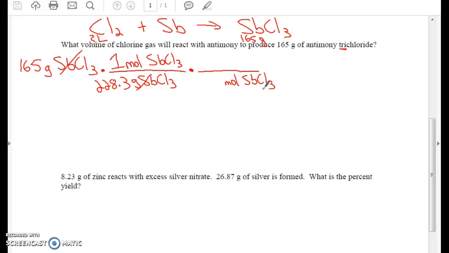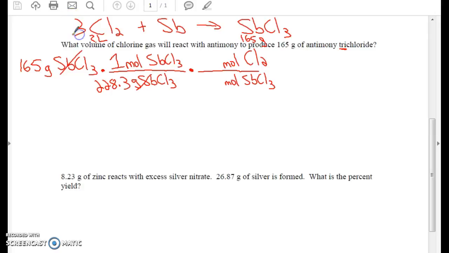Now, you can't go from moles of antimony trichloride directly to liters of gas. There's no conversion factor to let you do that. So what you have to do is the mole ratio now. You have to go from moles of antimony trichloride to moles of chlorine gas, and you do this by using the balanced chemical equation, which I was going a little too fast and I forgot to balance it first. Try to remember to always balance these first.